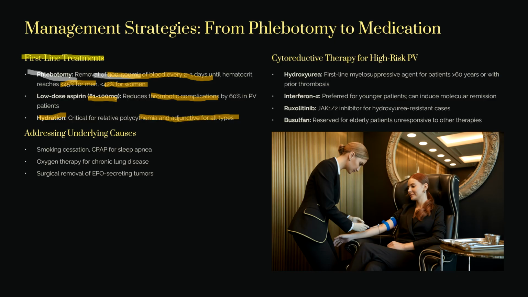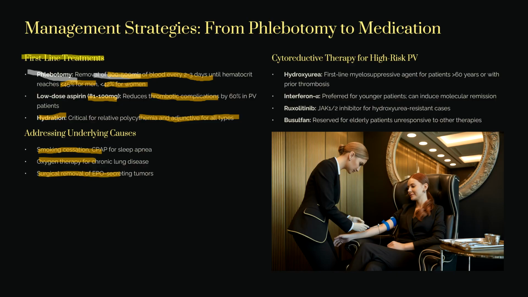It is true for secondary polycythemia and also for relative polycythemia. Then addressing the underlying causes: if there is a habit of smoking, it should be ceased, oxygen therapy if needed, surgical removal if needed. So these are the supportive measures.